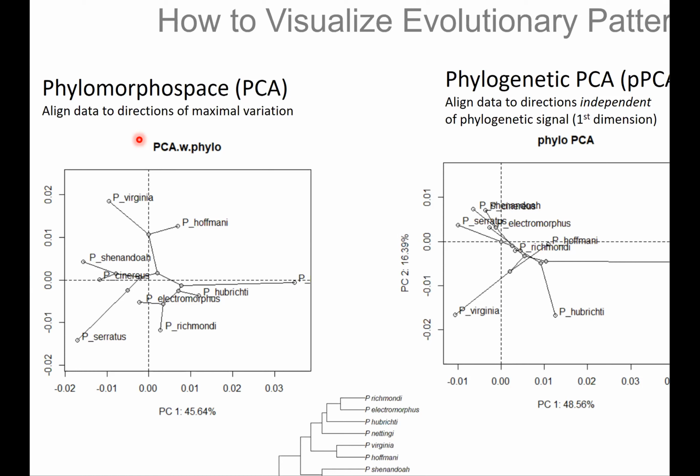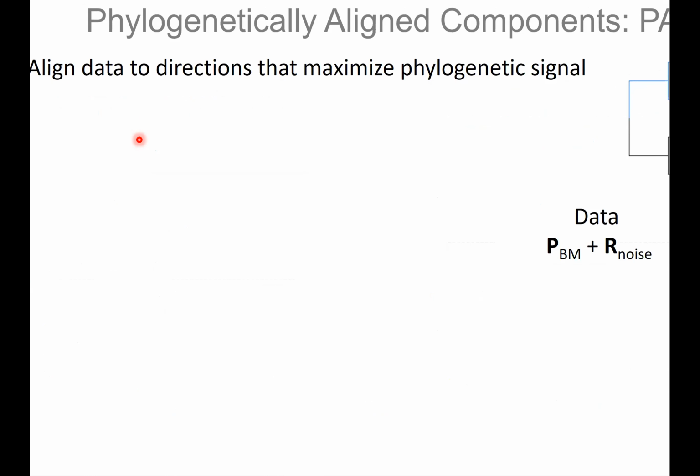So what we just recently proposed is a third ordination that we call PACA, phylogenetically aligned component analysis. And so what we do, instead of partialing out the phylogeny, is rotate the data to the phylogeny. So we're going to align the data in directions that maximize the phylogenetic signal.